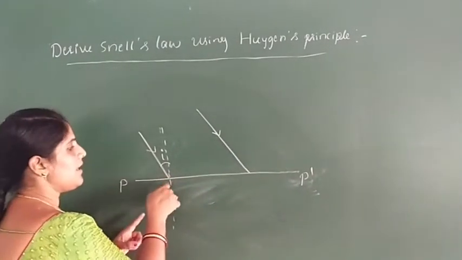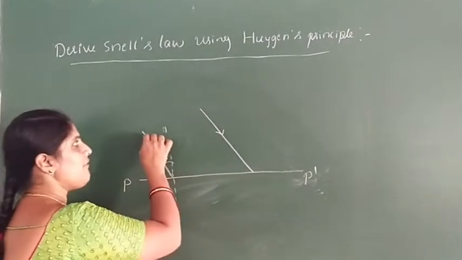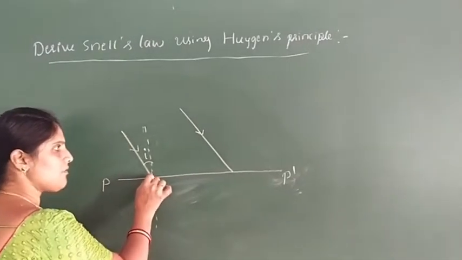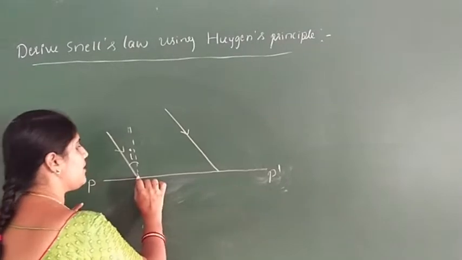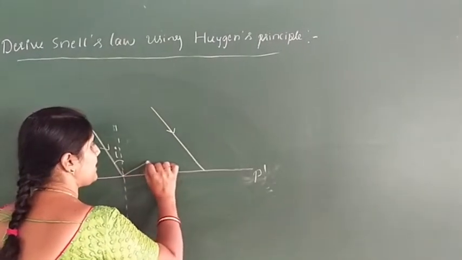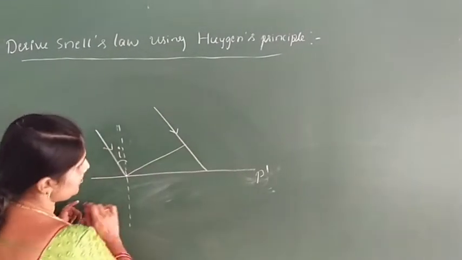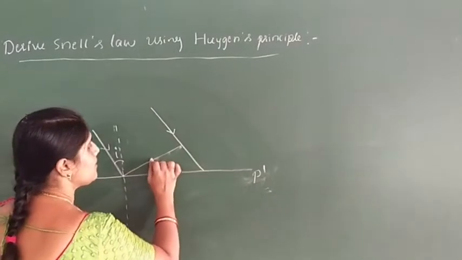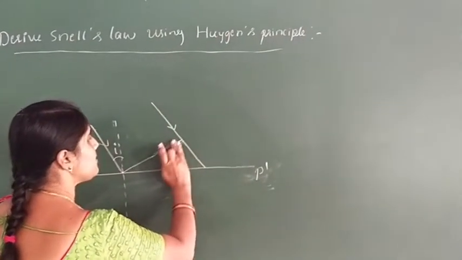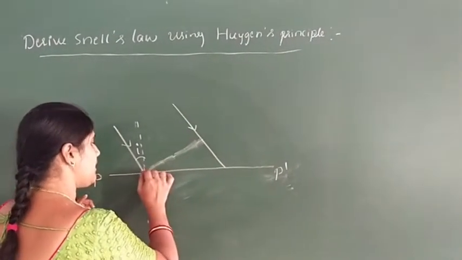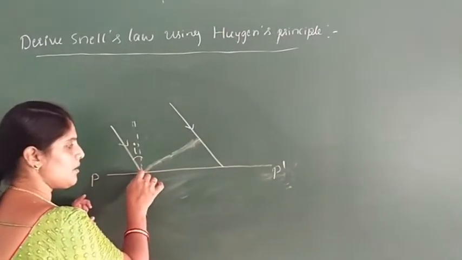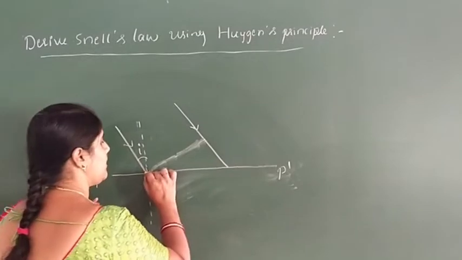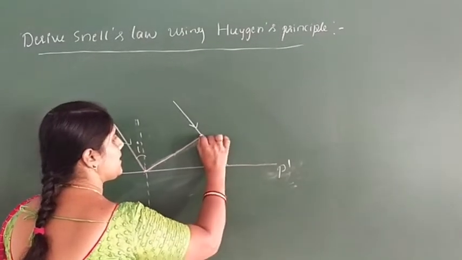At a certain interval of time t, the left edge of the ray reaches the surface first, and the right edge of the ray is still here. When the left edge of the ray reaches the surface, the right edge of the ray is at a certain point.